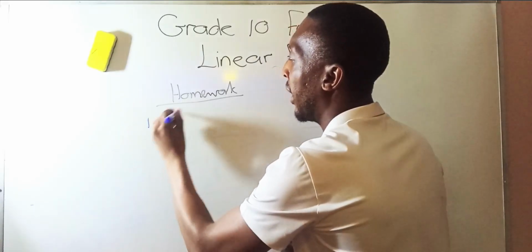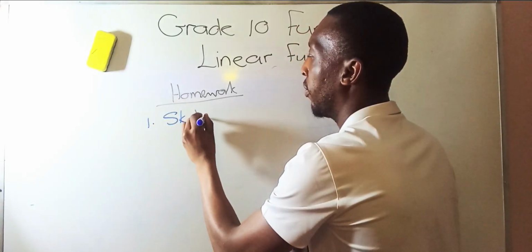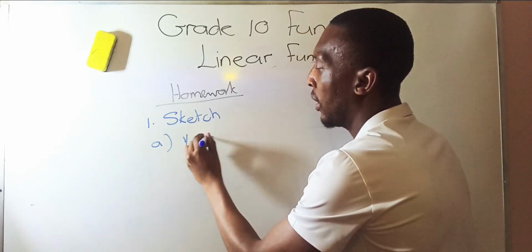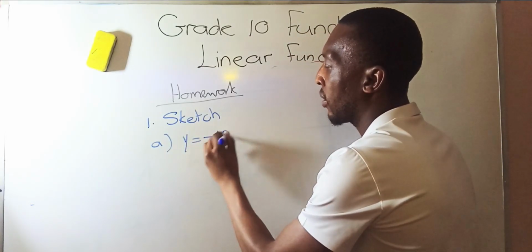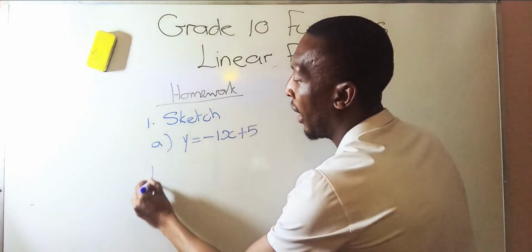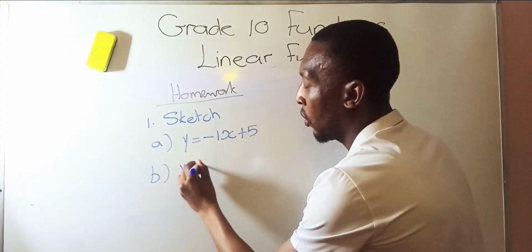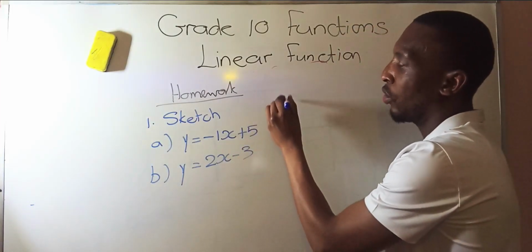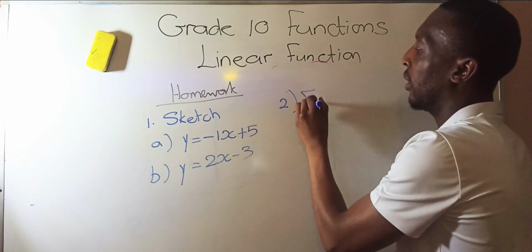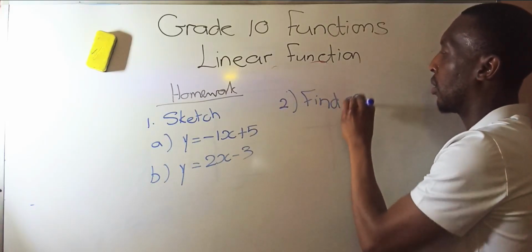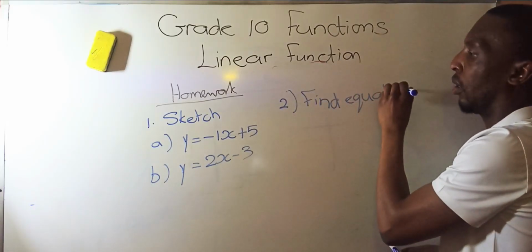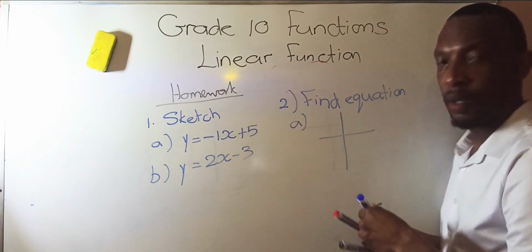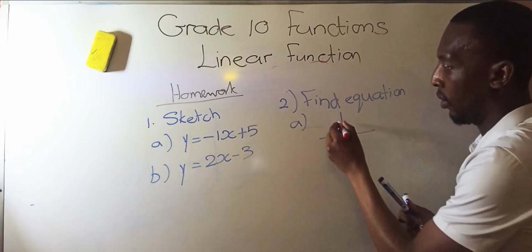Number 1, sketch the following. A, let's say y is equal to -1x, or -x, plus 5, and then sketch y is equal to 2x minus 3. And then number 2, find the equations. Let's say A, they give you this.